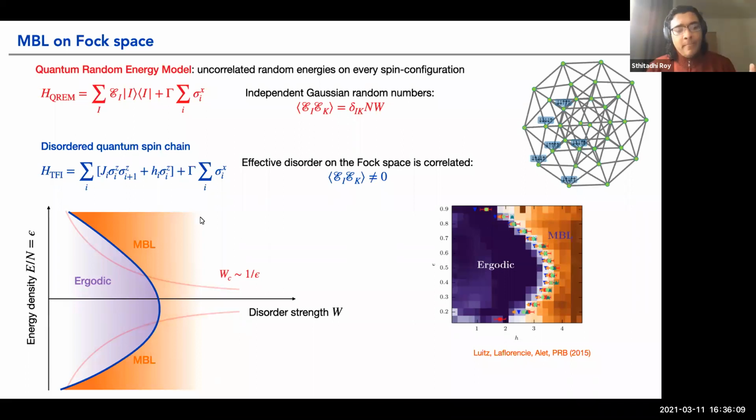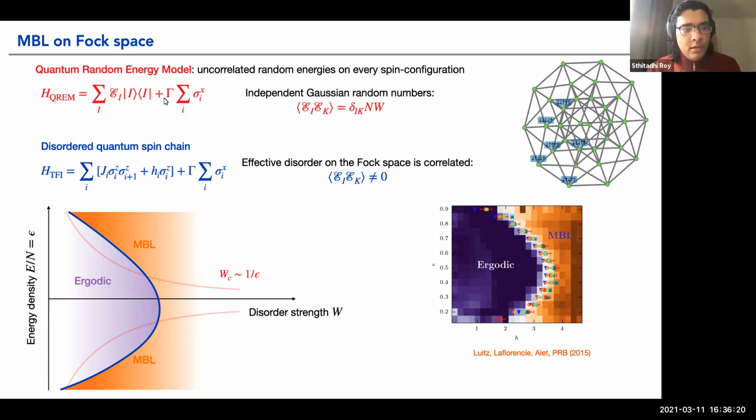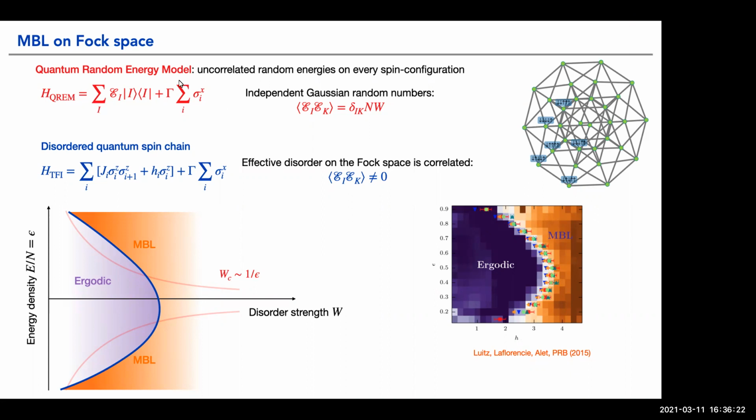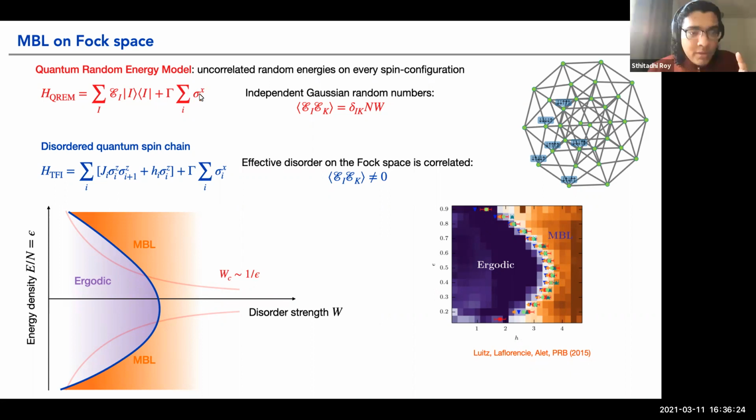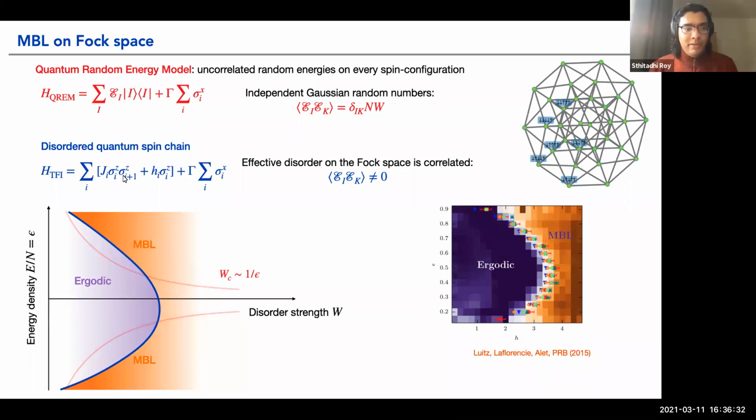Sorry, what was the model where E equal to 0 was not going to be MBL? That was the one with the local quantum spin flip, the quantum random energy model. Right. So the crucial point is that both of the two models that I'm distinguishing here have the same local spin flips. The diagonal part of the Hamiltonian is different between the two models.